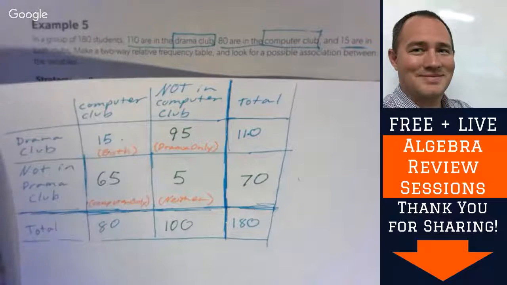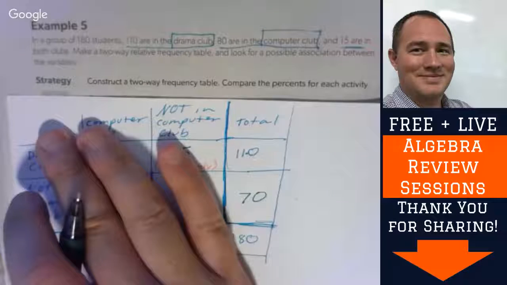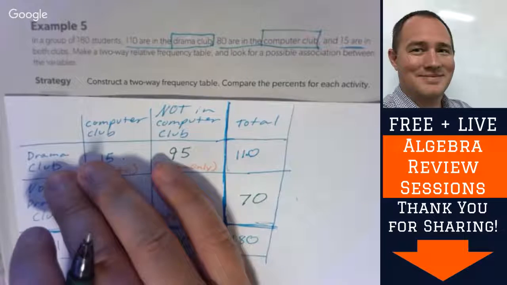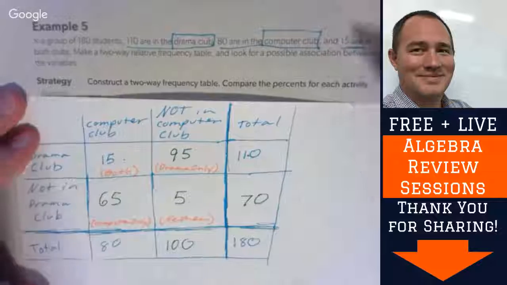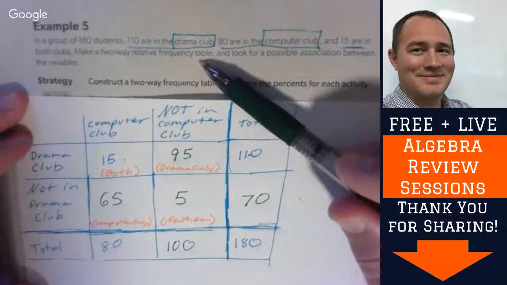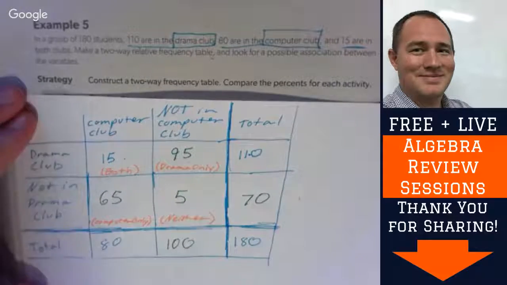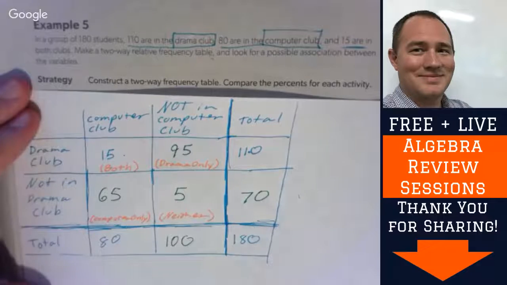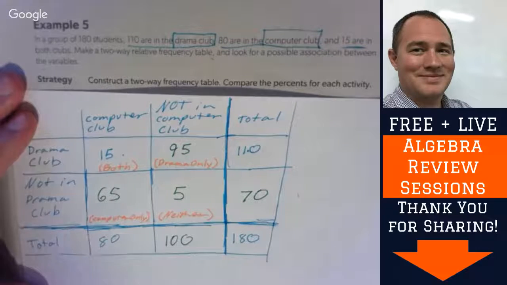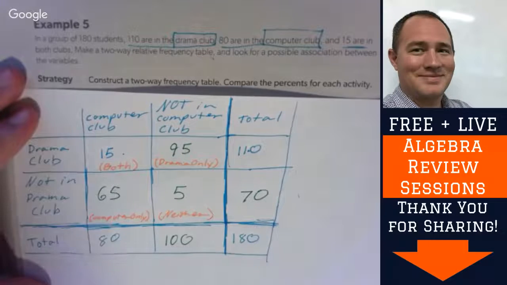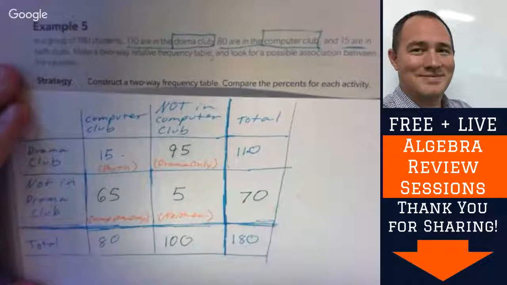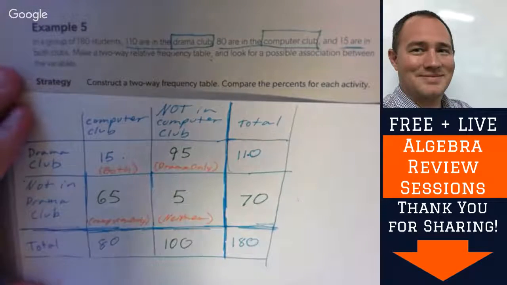So what was the question that they're asking? Okay, construct a two-way frequency table. Make a two-way relative frequency table and look for a possible association between the variables. So what does that mean, a two-way frequency table? We've made a table with all of the breakdown of what classes or clubs rather these students are in.